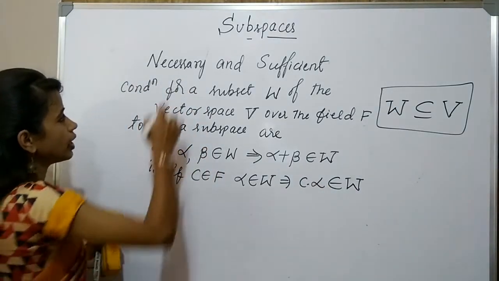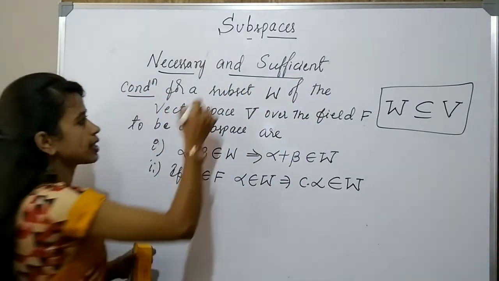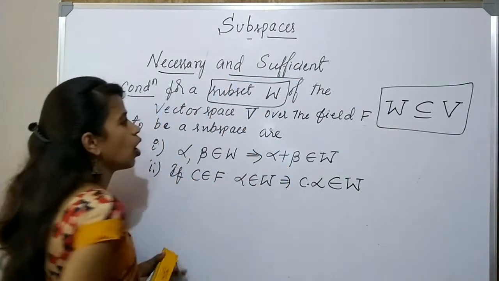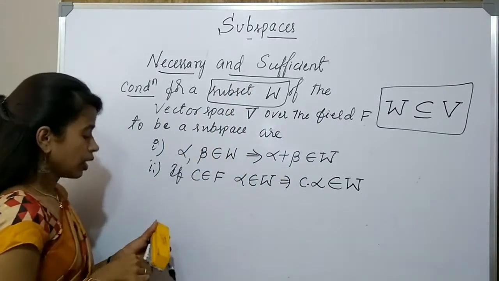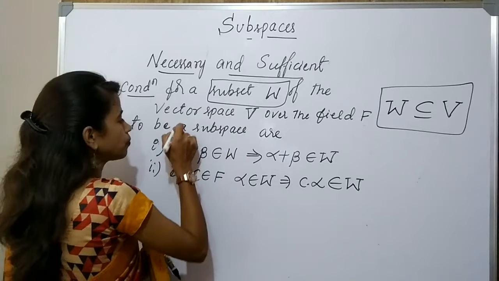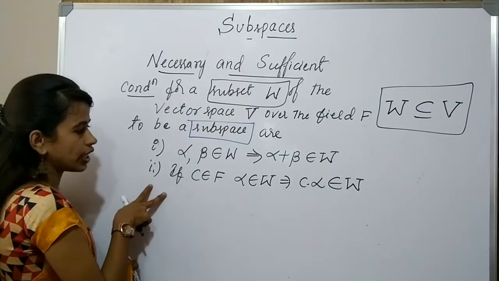It means here is the theorem, the necessary and sufficient condition for a subset W of the vector space V over the field F to be a subspace. So what are those conditions?